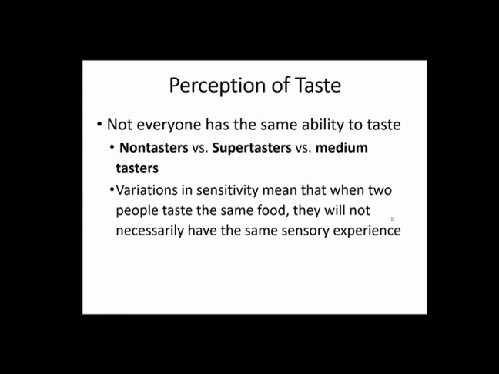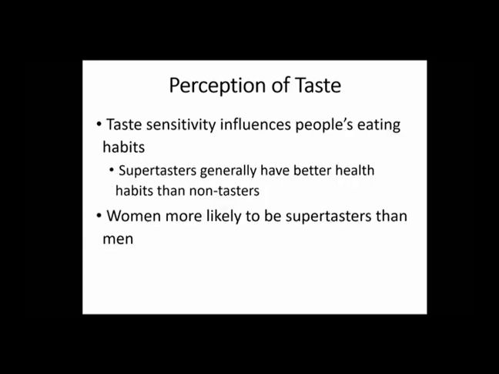So that's another thing to keep in mind, because if we're going on learning things from experience, then their experience is going to be different based on how they perceive that experience. And additionally, this difference in taste sensitivity can also influence people's eating habits. So like I said, a non-taster can't tell the difference between a gourmet meal and a pack of instant noodles.